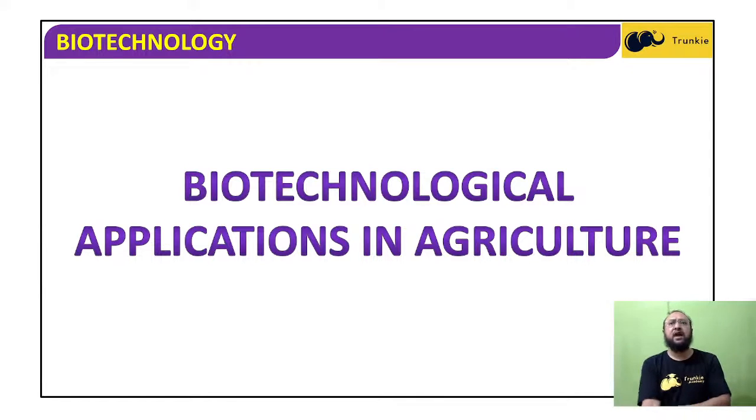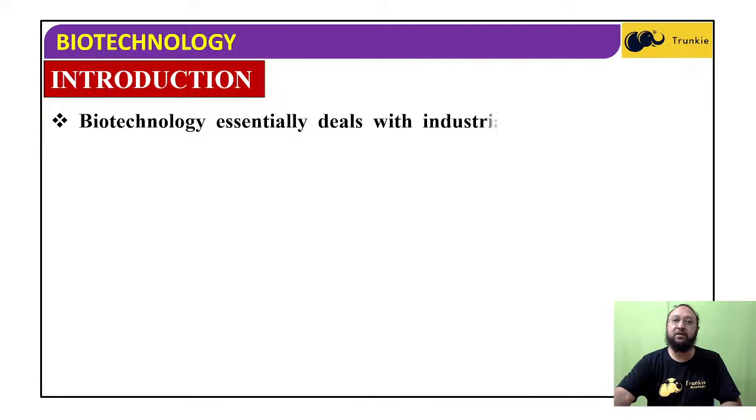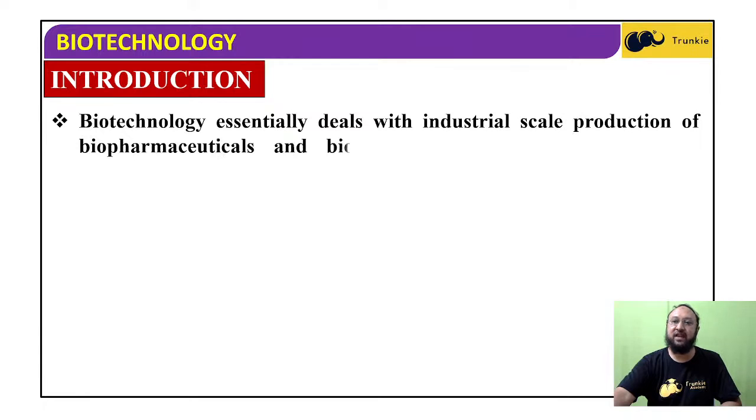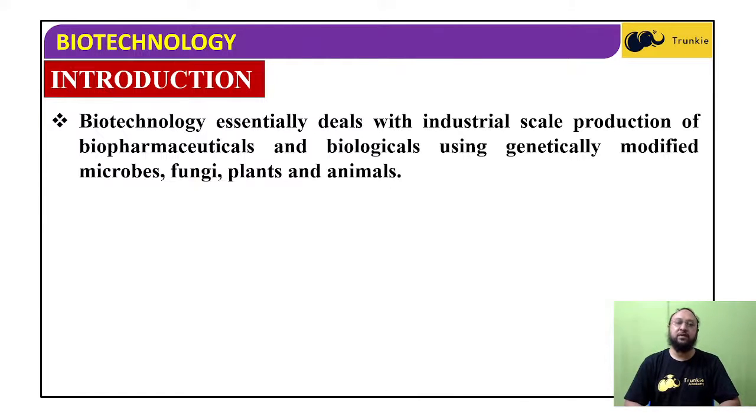Since these biotechnological tools were developed, they are widely used in medicine, agriculture, and some other fields for the welfare of human beings. In the introduction, we see that biotechnology essentially deals with industrial scale production of biopharmaceuticals and biologicals using genetically modified microbes or microorganisms, fungi, plants, and animals.